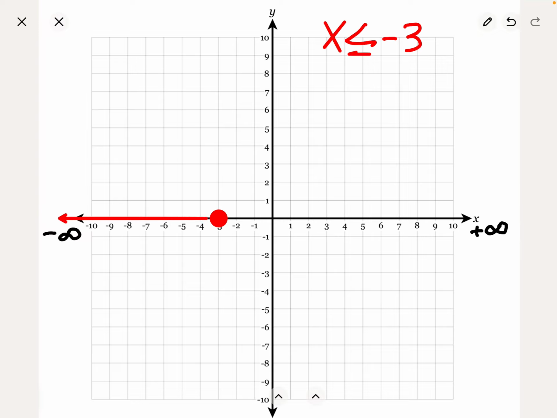Now for my interval notation, you always read from left to right, always from left to right. So I'm going to start with negative infinity, and then I'm going to go all the way over to negative 3. Now, remember, this has to be a parenthesis since we're dealing with negative infinity. And because we are including negative 3, we would use a bracket. So that's how you would write it.